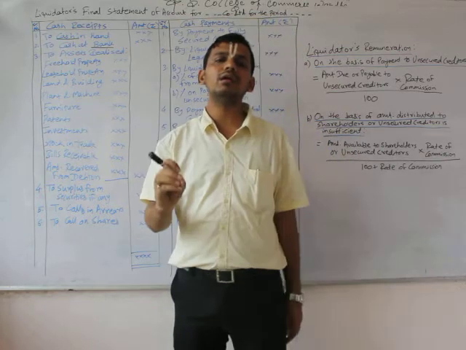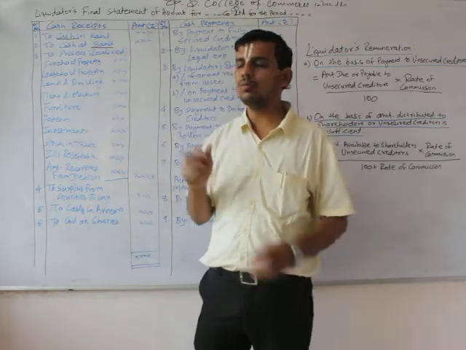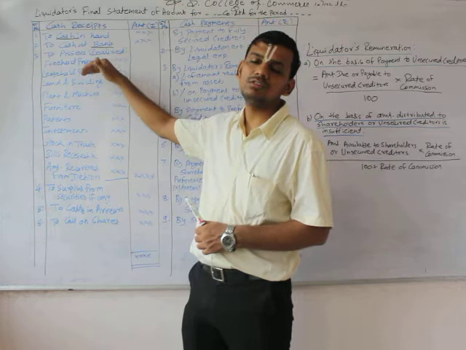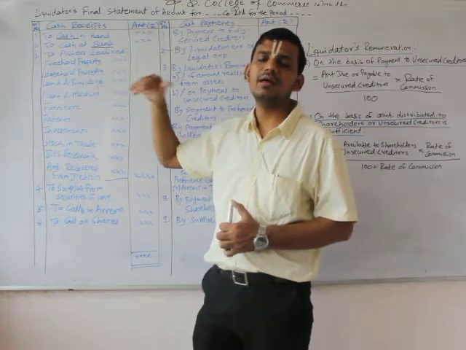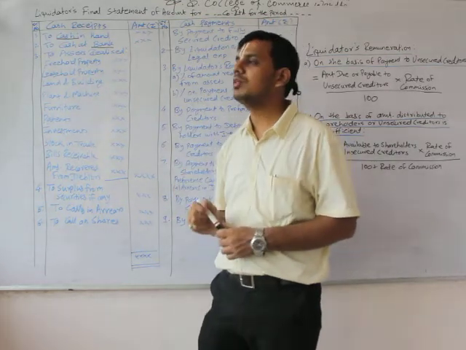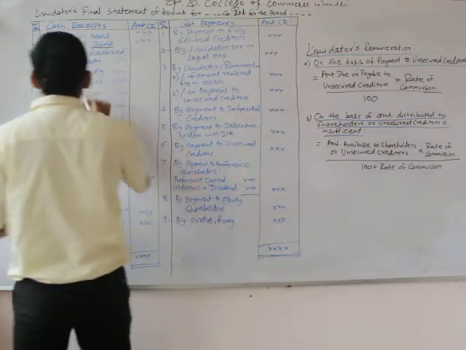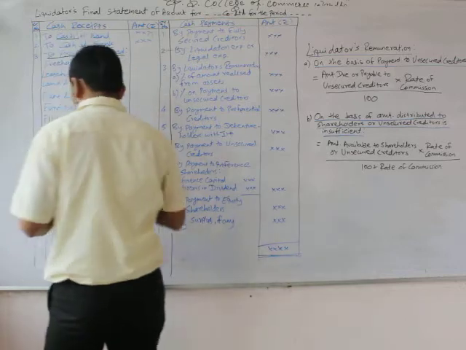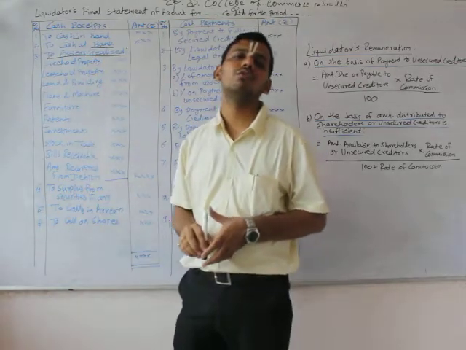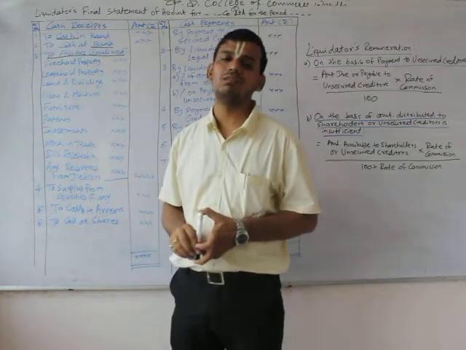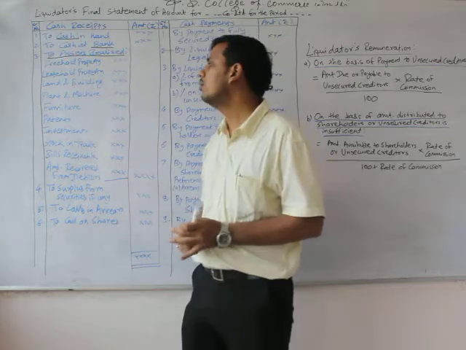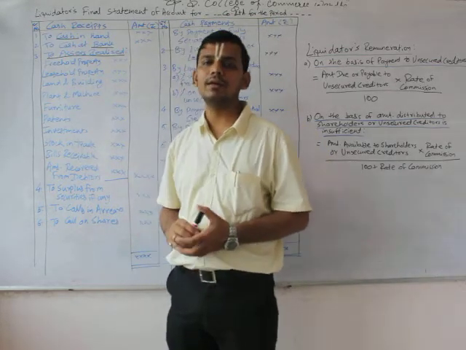Once the liquidator has gone through this process and knows what the cash in hand and cash at bank of the particular company are, then the primary function of the liquidator is to realize the assets by selling off whatever assets are held by the company. A few examples of assets are being written on the board.